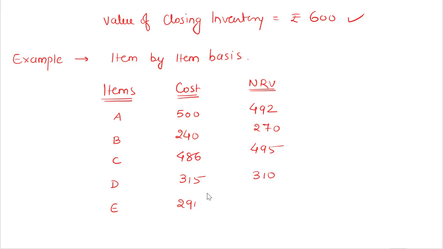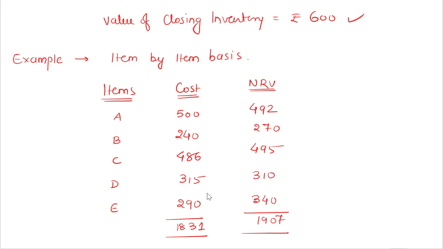Item E, the cost is 290. Net realizable value is 340. The total cost is 1831, and the total of NRV is 1907.